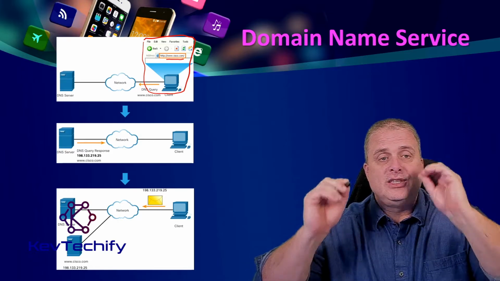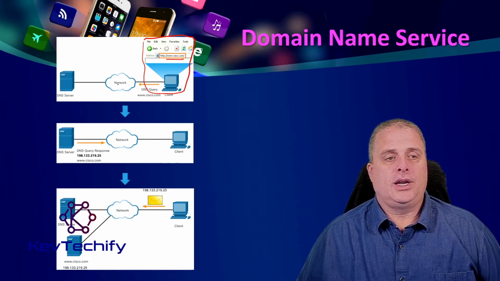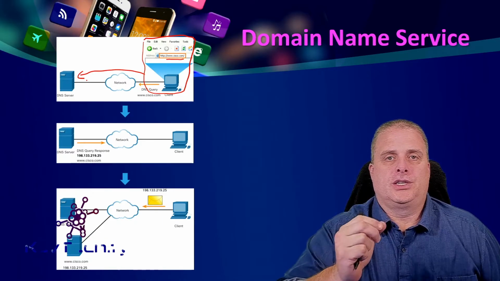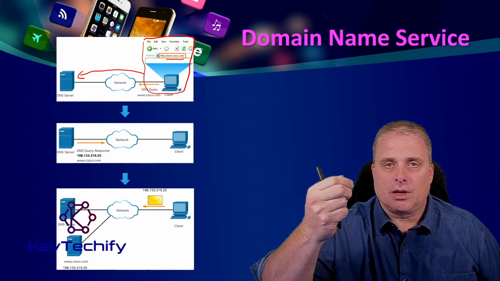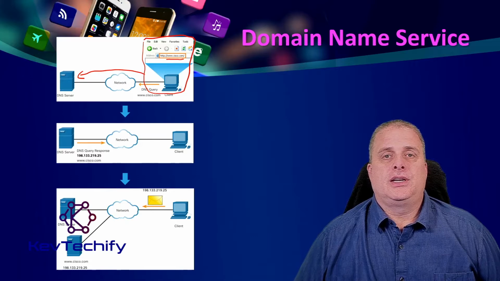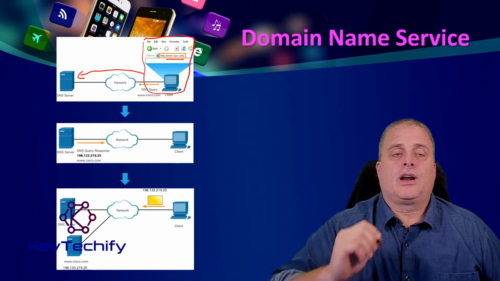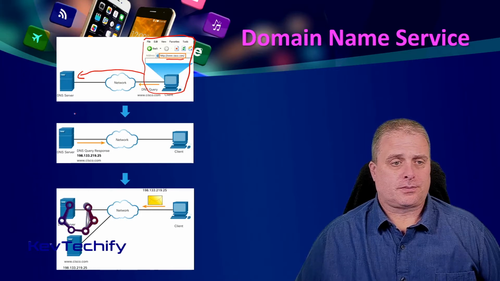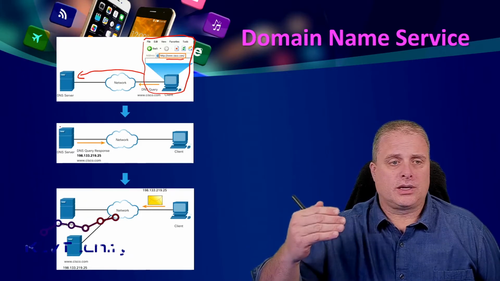So we take this domain name and we query our DNS server. The DNS server typically is set up when the IP address information is set. Normally you enter your IP address, your subnet mask, your default gateway, and a lot of times people enter in DNS servers. That allows us to get our IP address, so we make the query to our DNS server. The DNS server looks through its records.